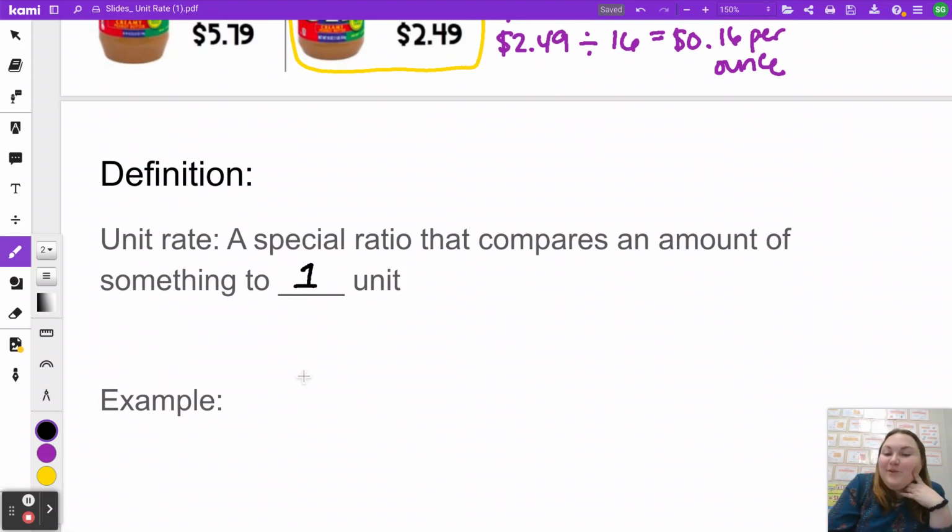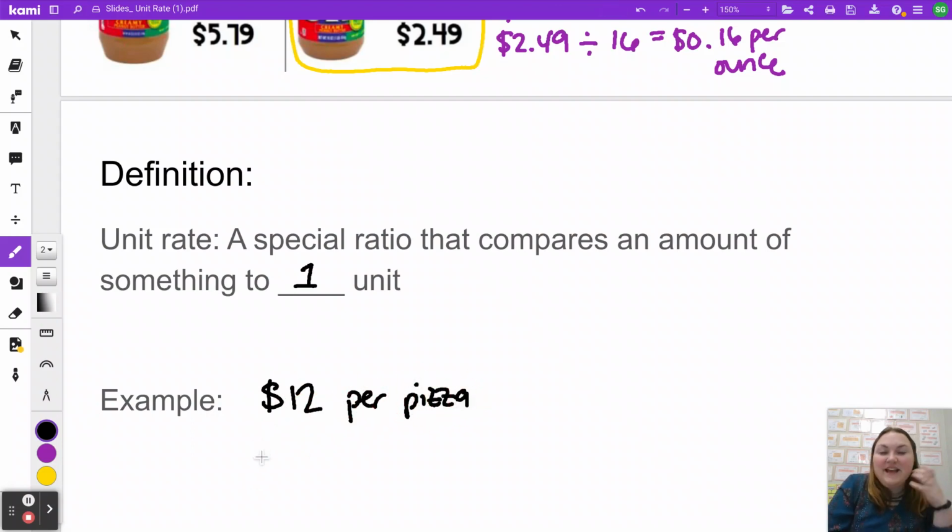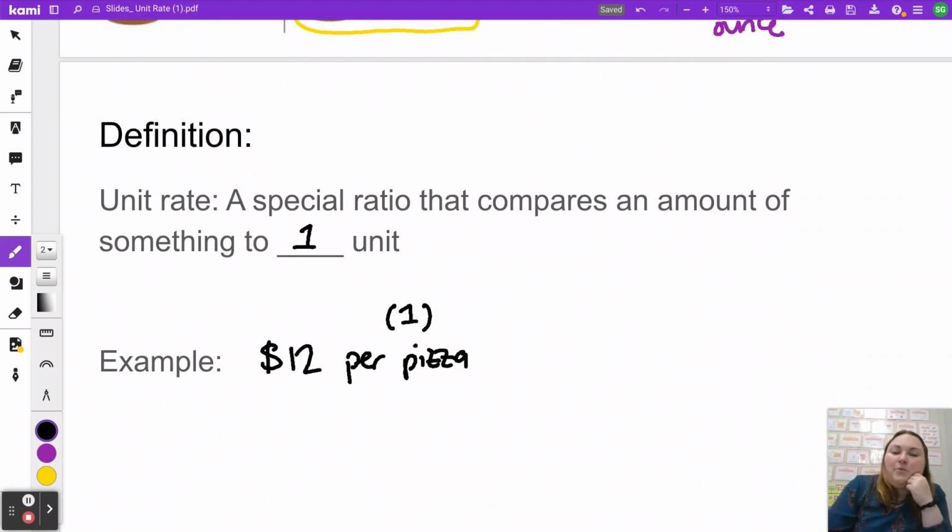For example, maybe I go to Papa John's and I see pizzas cost $12 per pizza. That's a ratio. I'm just saying it's $12 for every 1 pizza. That's our ratio there. And that is a unit rate because we are just talking about 1 pizza. We could also see stuff like this with speed limit signs.